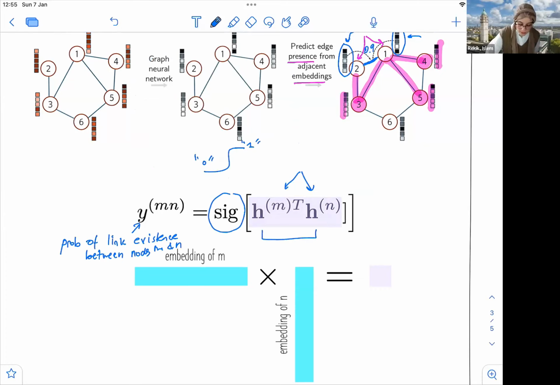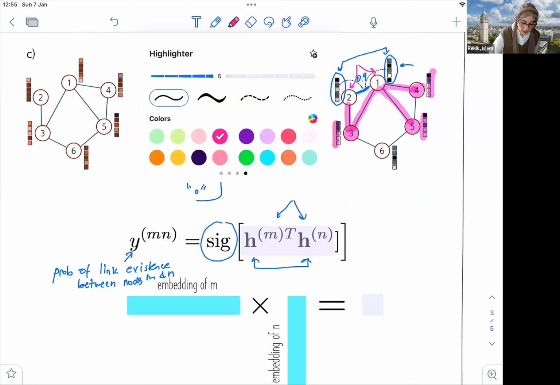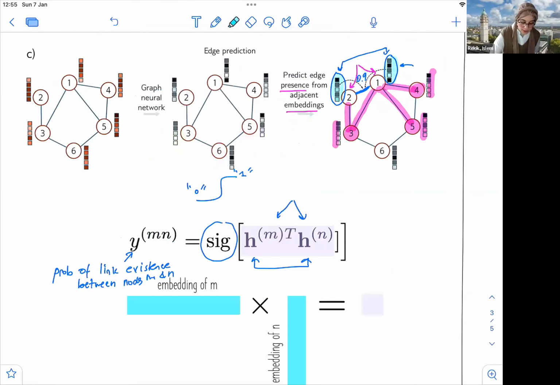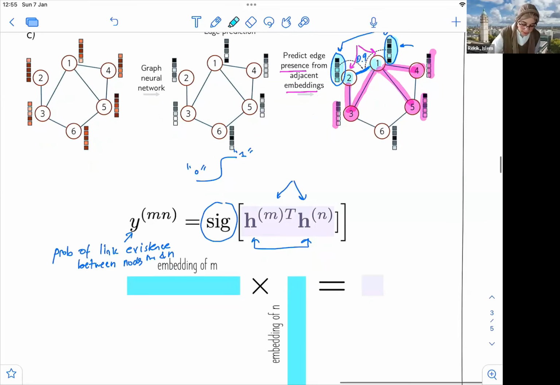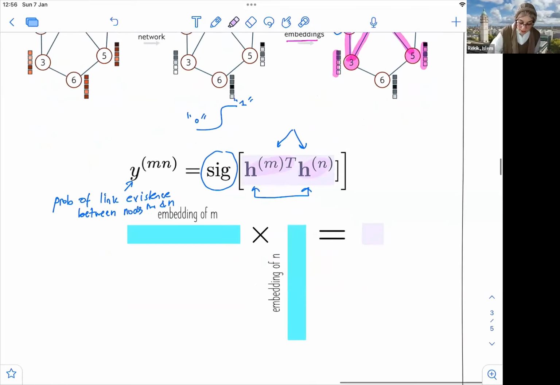So what we need to do is, the key thing is to learn the embeddings right here. Once we learn very good embeddings here, very good representations of these two nodes, we can simply take their dot product. So we take H_M transpose times H_N, and we get the final value, which we pass through a sigmoid. So you guys can see this is H_M transposed, and here we have the embedding of M. This is also the embedding of a node N, H_N.